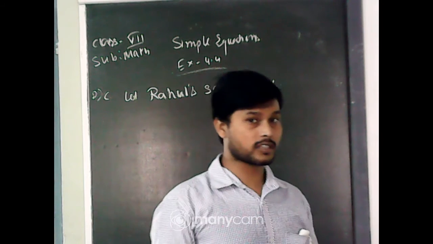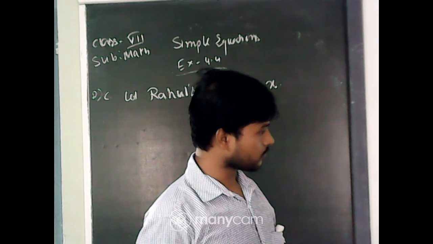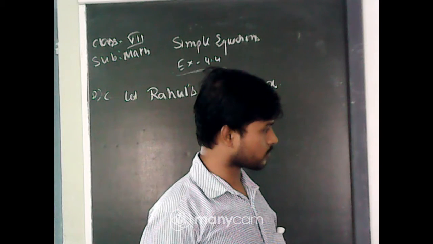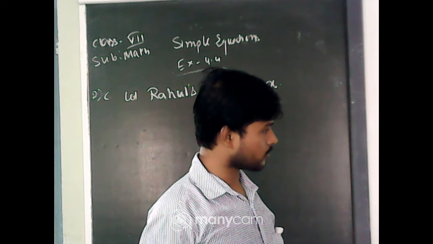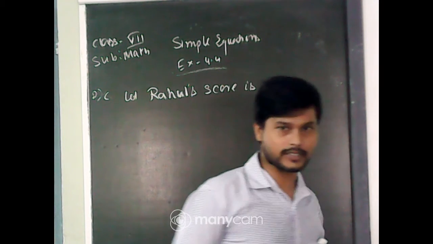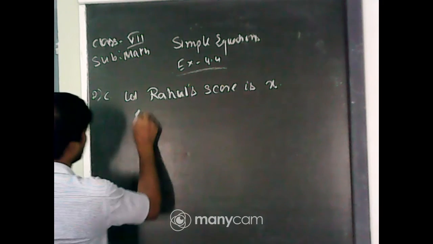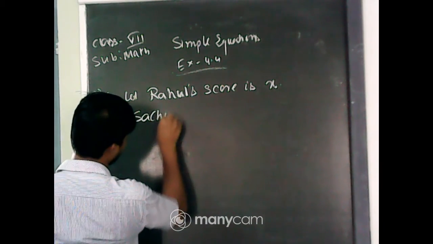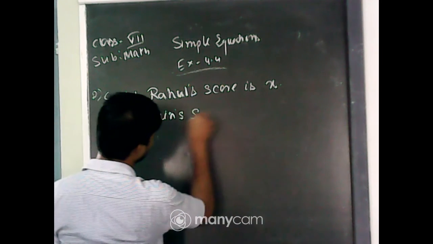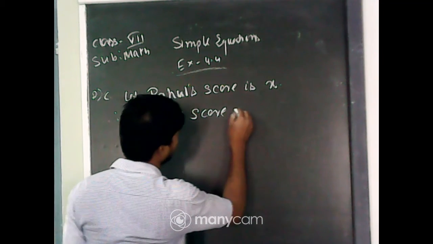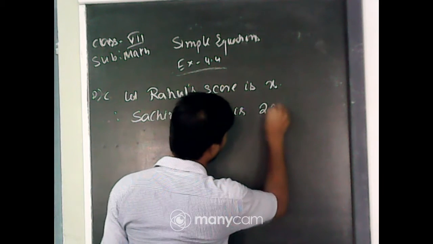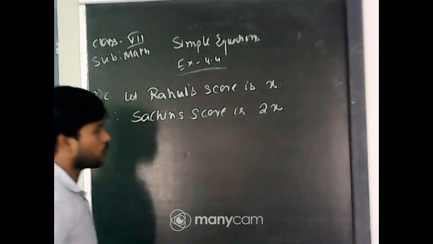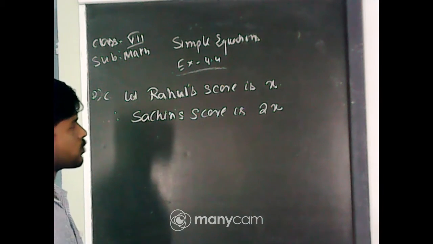So what will be the Sachin score? Can you tell me? Yes, it will be twice x. So Sachin's score is twice the Rahul score. Twice the Rahul score means 2x.